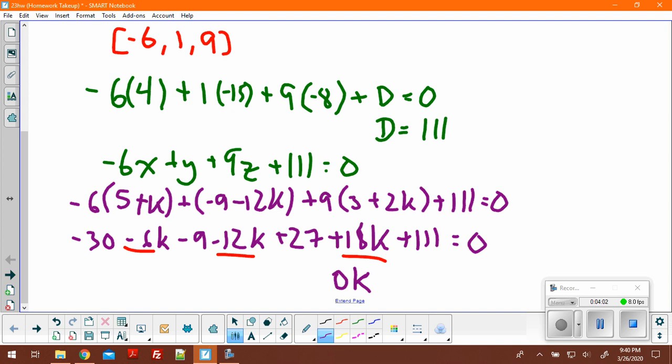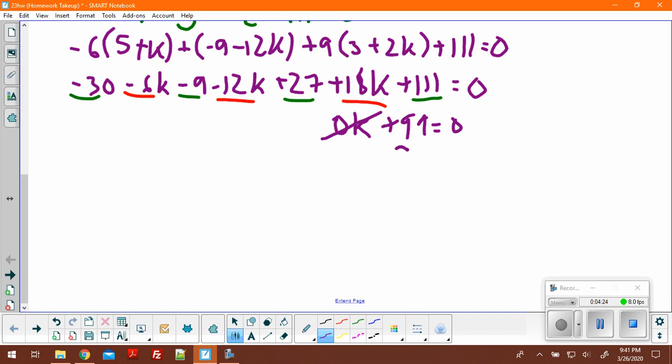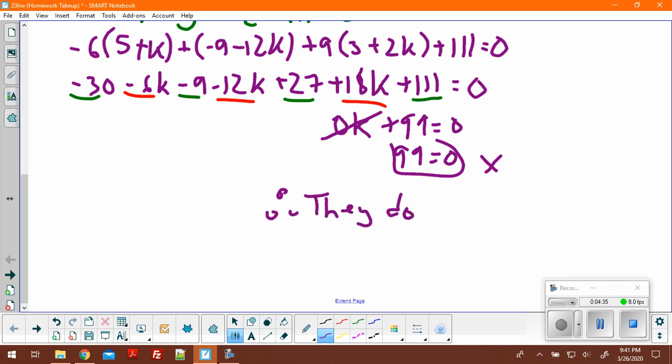And looking at my constants, I got -30 minus 9 is -39 plus 27 is -12 plus 111 is 99. So 0k plus 99 is equal to 0. So this says that 99 equals 0, and that doesn't make any sense. Therefore, they do not intersect. There is no solution, so they don't intersect.